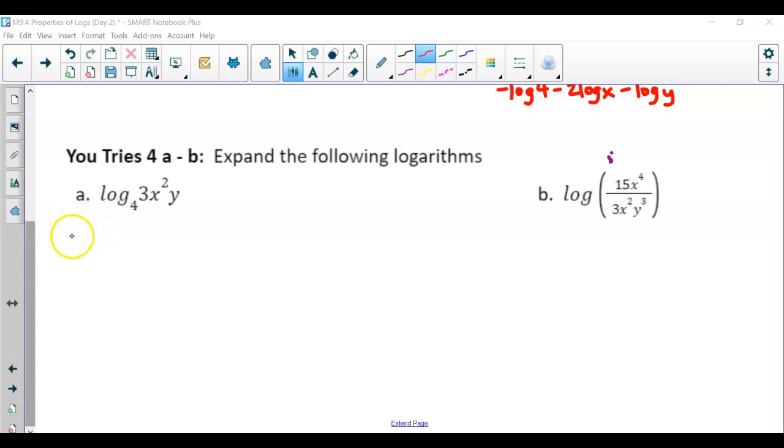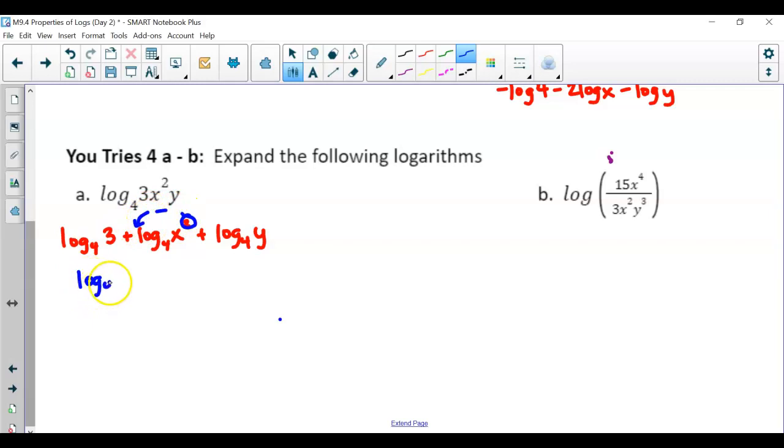So log base 4 of 3 plus log base 4 of x squared plus log base 4 of y. But then you should have also noticed with the exponent, bring that down as your coefficient. So log base 4 of 3 plus 2 times log base 4 of x plus log base 4 of y.